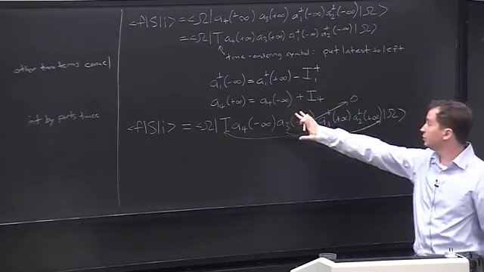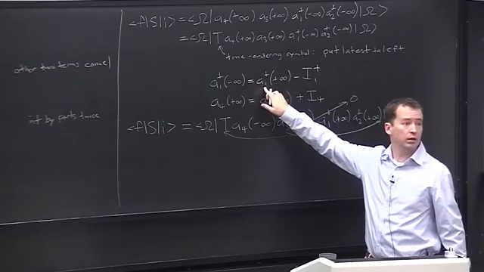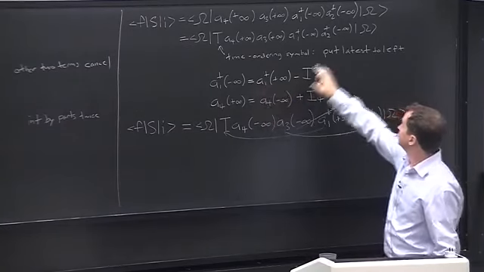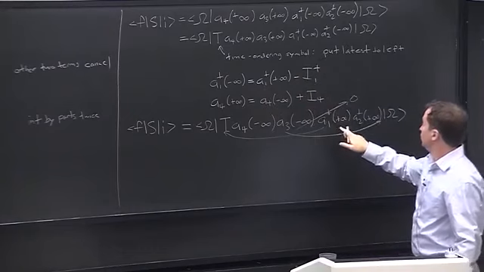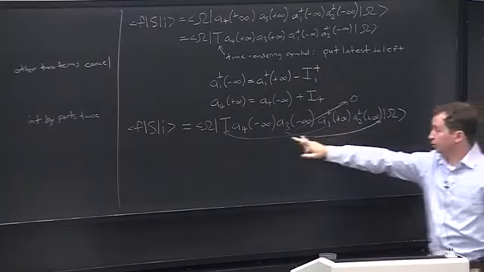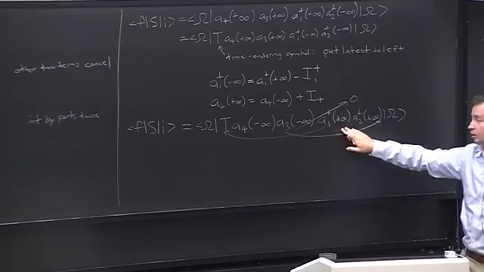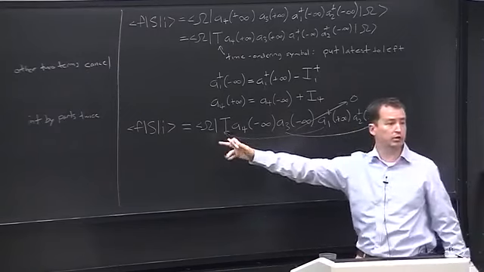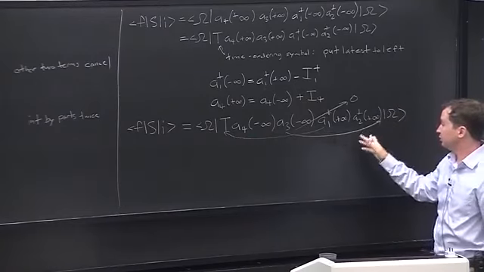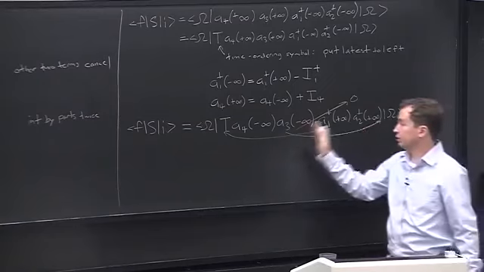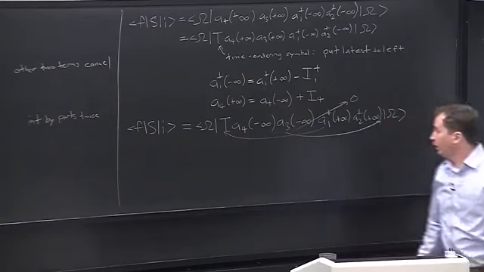14 other terms that involve at least one annihilation operator at minus infinity or creation operator at plus infinity. And the time ordering will, in a similar way as for this term, just bring the annihilation operators over to the ket vacuum or the creation operators over to the bra vacuum.